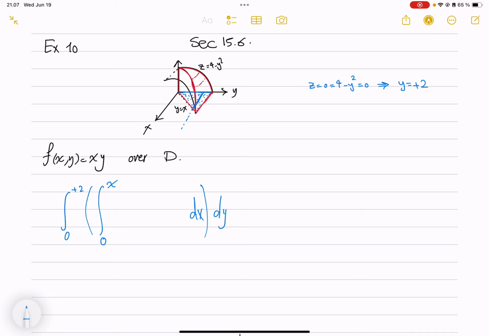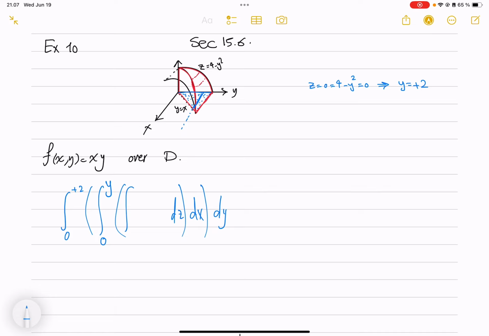So here y is fixed. Oh, sorry, we can't say x goes up to x, so this dx integral, the boundary shouldn't involve x in it. Okay, so x goes from 0 to y.